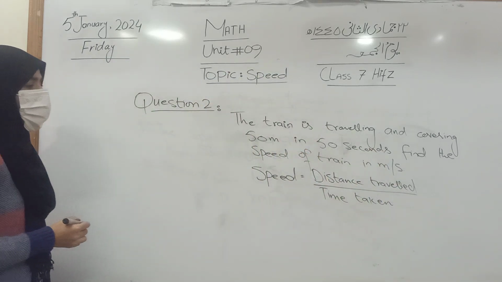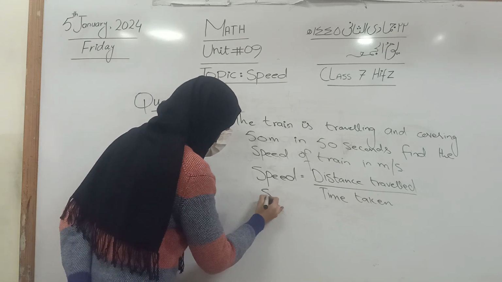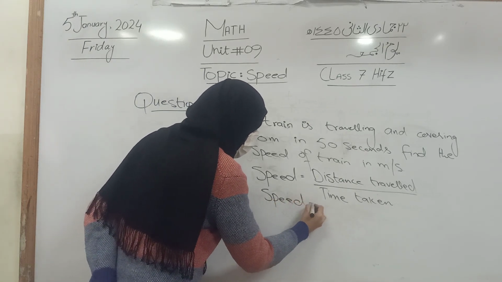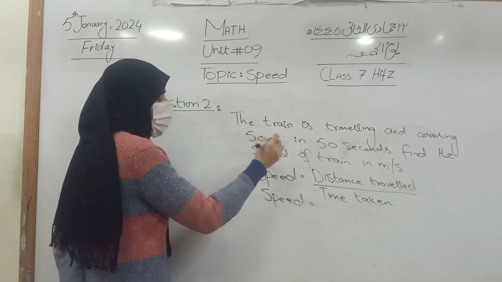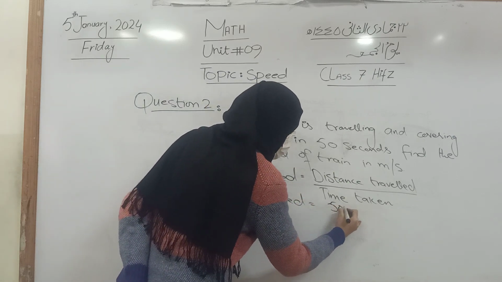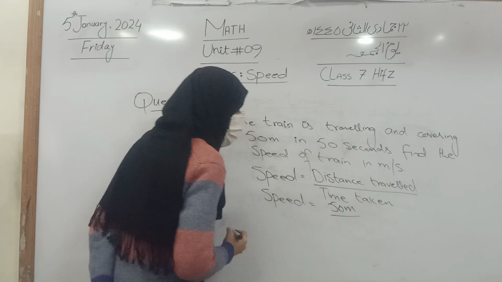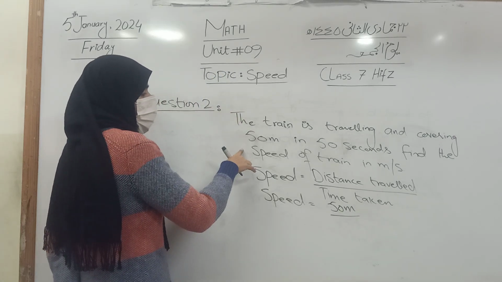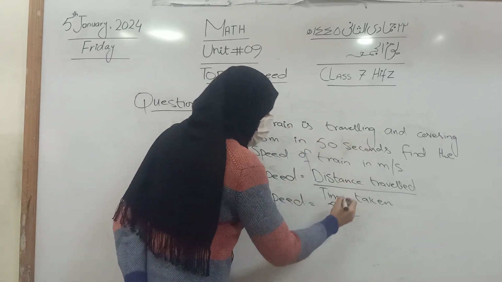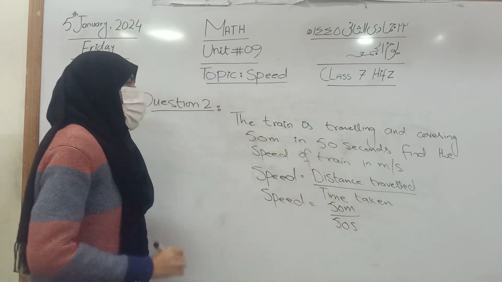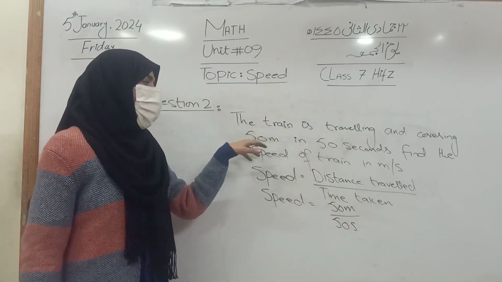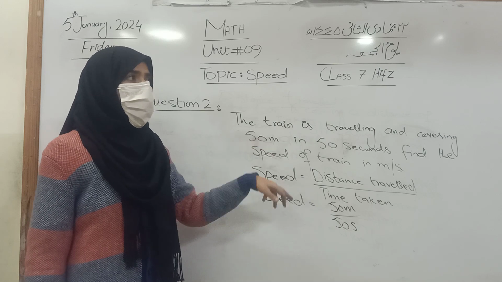Okay, now we will write down the values here. Speed is equal to distance traveled, and the distance is in meters, that is 50 meters. Now we will divide this by time, and the time is 50 seconds. The train is covering a distance of 50 meters in 50 seconds.